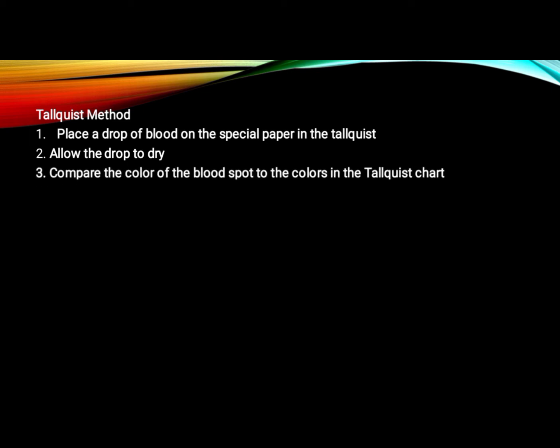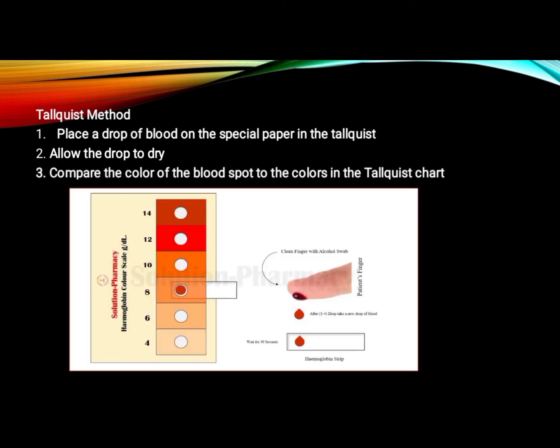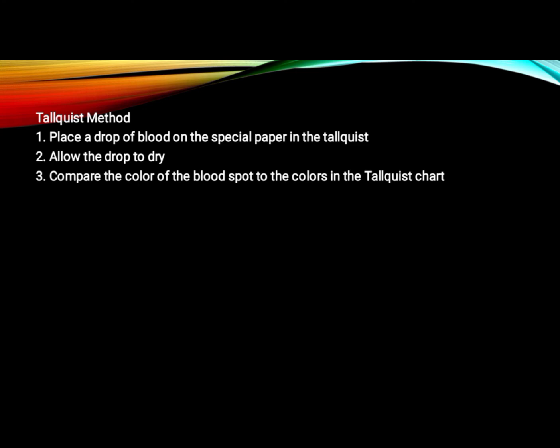Compare the color of the blood spot to the colors in the Talquist chart, and record the result of Hb per 100 ml of blood. Then determine the Hb content by matching the colors.